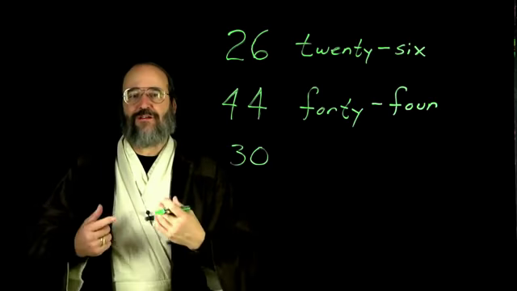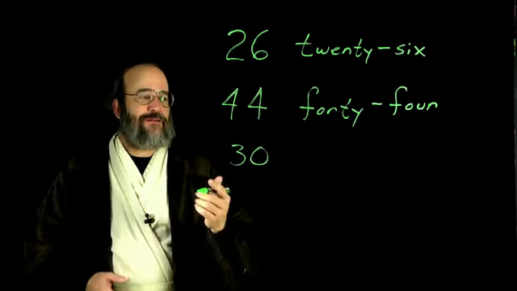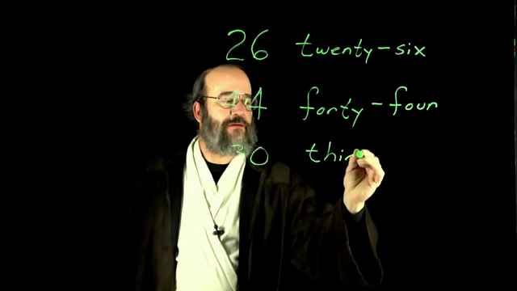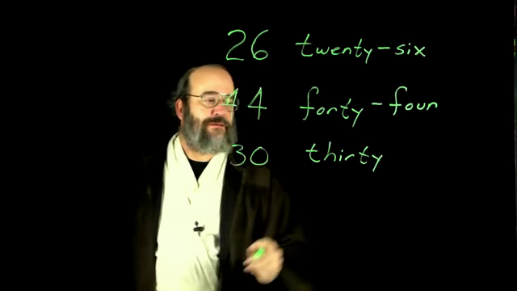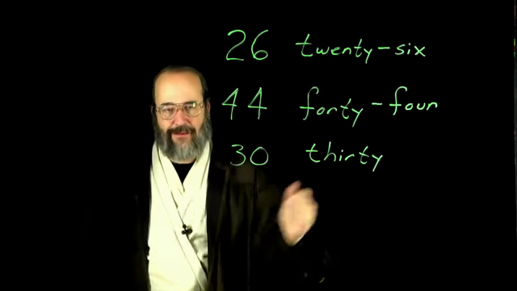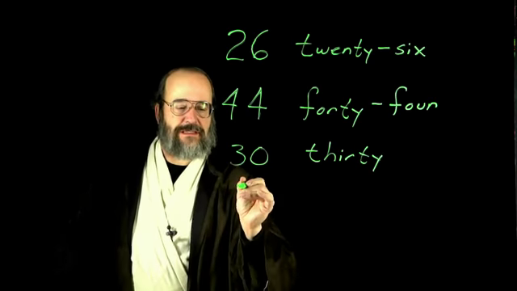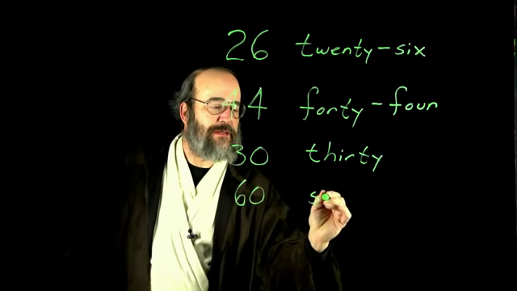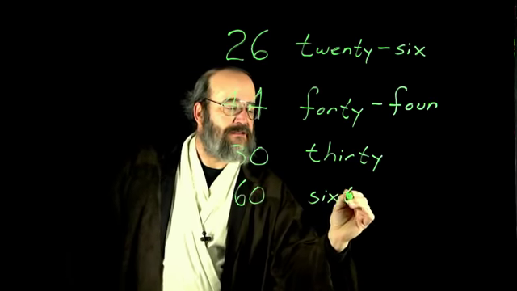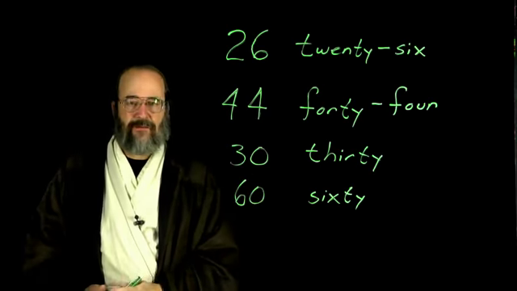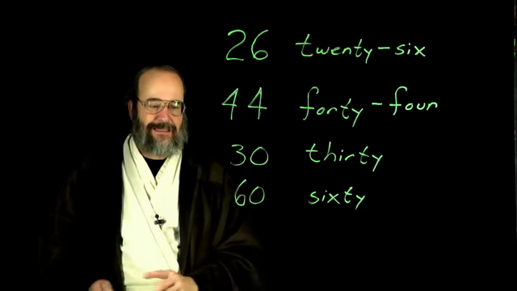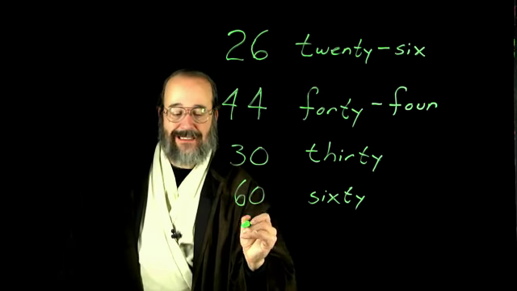The number that starts every tens group, like 30, doesn't have a second number that goes with it, so 30 is just plain old 30. There's no hyphen on 30. Or 60, let's do 60. 60 is just simply 60, no hyphen. Now I've skipped out all the teens, such as 16.